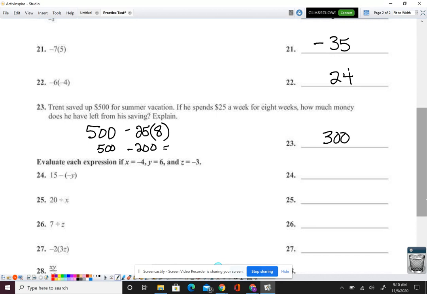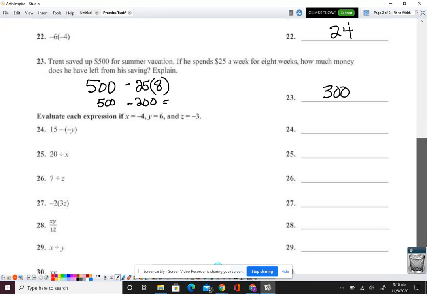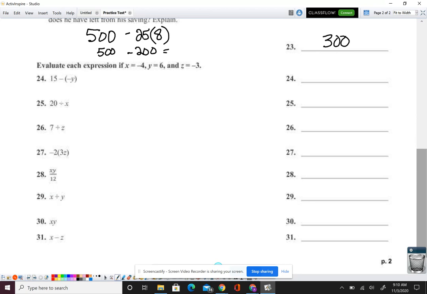And then the last section. The last section here, you should be showing me some stuff. You should be showing me what you're substituting in. So when you go 15 minus a minus y, we're not doing anything with the 15 right now. We're subtracting. There's a minus sign in there, and then we're replacing the y.